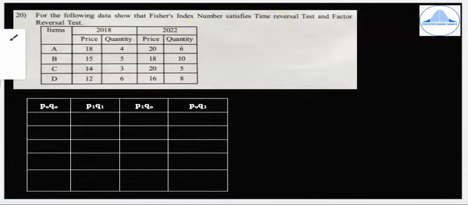Now the first step is to mark the columns correctly. So 2018 is the base year and 2022 is the current year. The price in 2018, you should mark as P0 and the quantity in 2018 is marked as Q0.